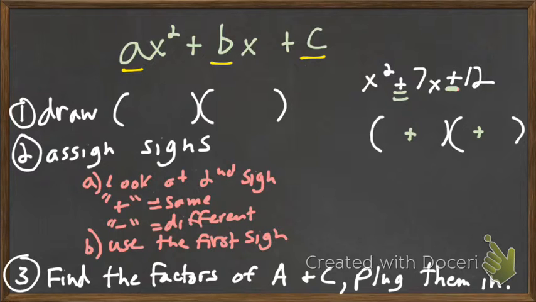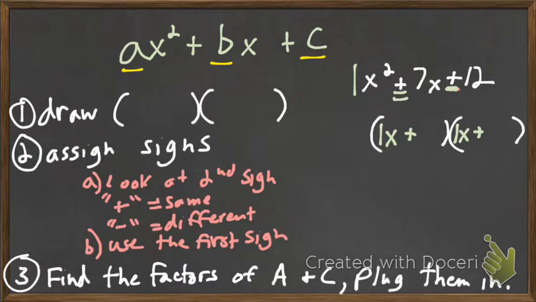In this example, x squared, well, nothing, it's 1. Ax squared would be a 1x squared, right? So what are the factors of 1? 1. So I know it's going to be 1x and 1x.